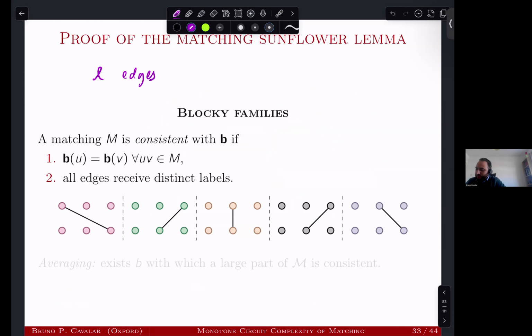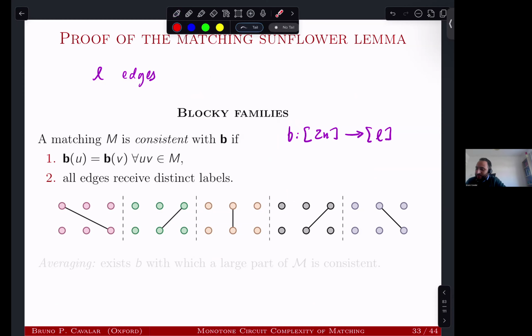And what you're going to do is color the vertices of the bipartite graph with L colors. And you say that a matching is consistent with a coloring like this if every edge of the matching has its endpoints receive the same color. In other words, they're in the same block. So we divided all the vertices into L blocks.